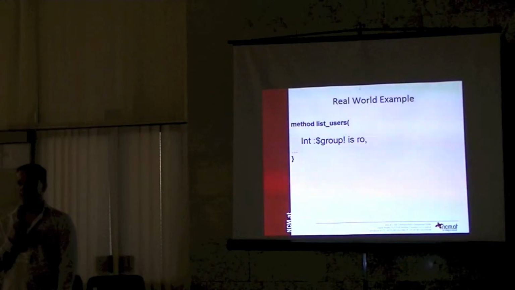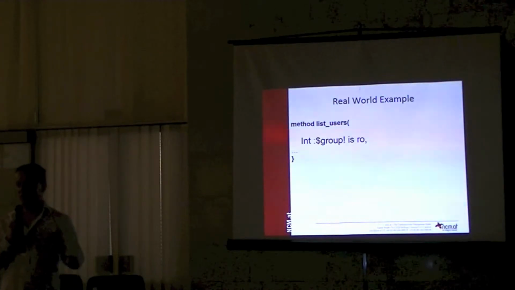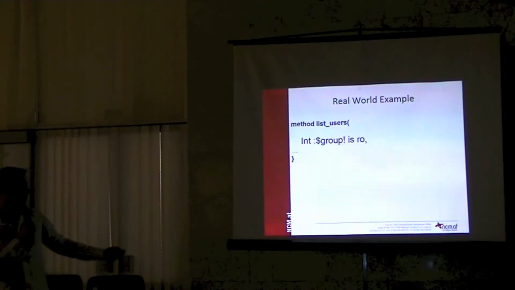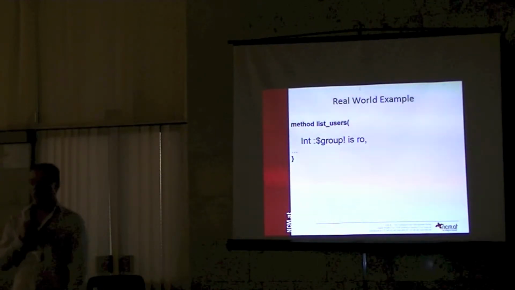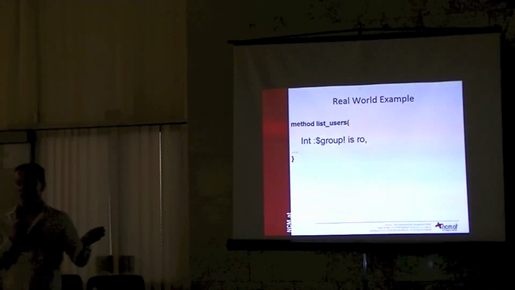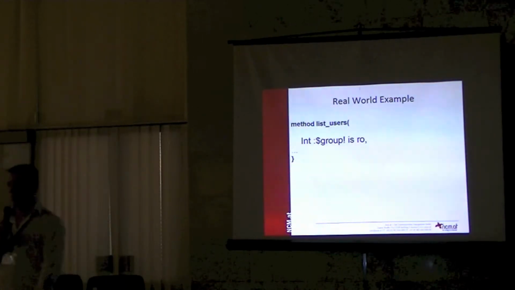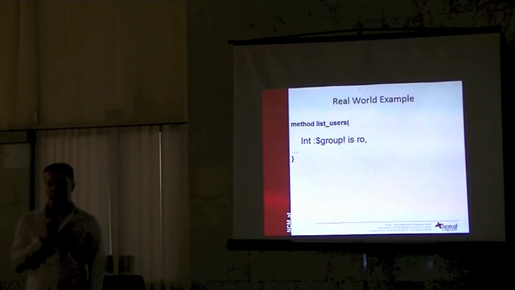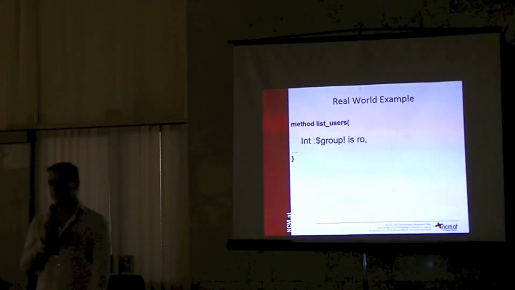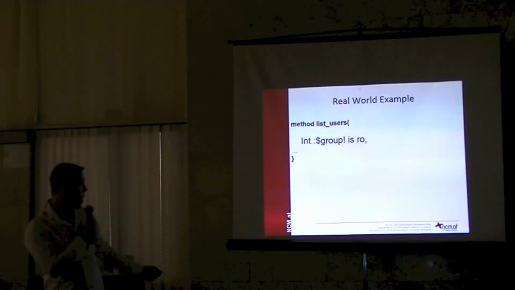So basically you have to pass it with the same variable name, or you have to pass it as a hash key in the call. The exclamation mark means this is a required parameter. So when this parameter is not passed, you're going to get an error. So it has to be there. And is RO means it's read only. And this says that you can't change this parameter in the function anymore. So if you go and change this variable, you're going to get an error.